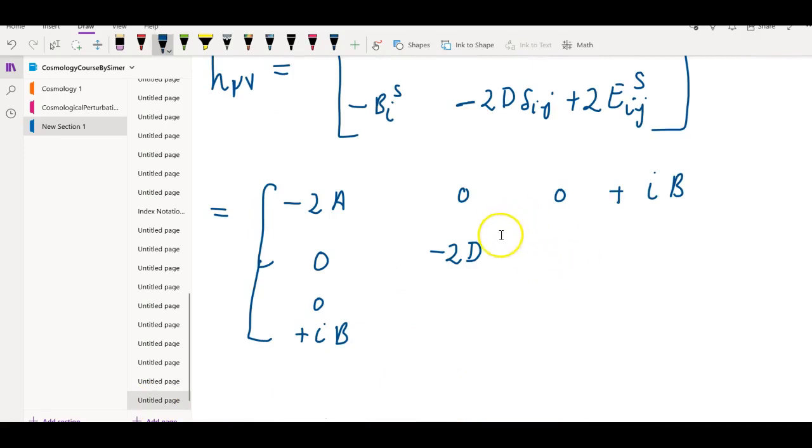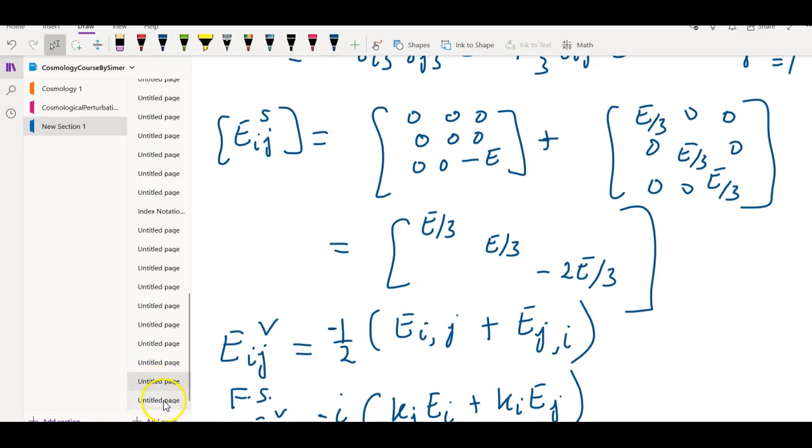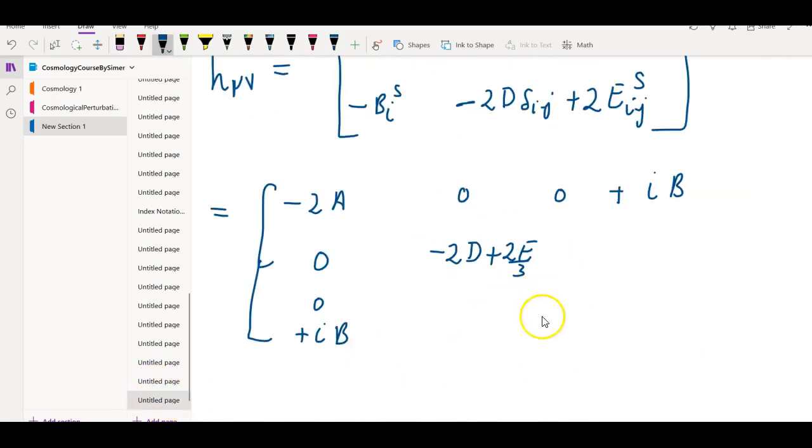So we have e by 3, and 0, 0, 0, minus 2d plus 2e by 3, and then 0, 0, 0.